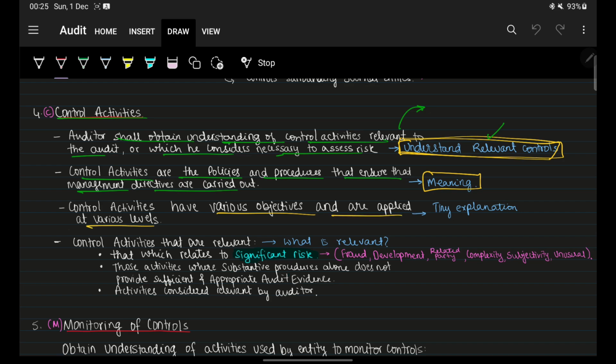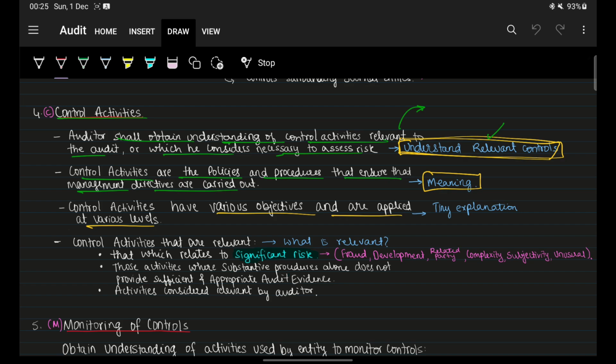Before making any purchase order, it could require a signature from the purchase department, a signature from the supervisor, and a signature from the general manager, right? So different kinds of control activities can be applied at different levels. So there are multiple control activities, right? It is just one tiny explanation.